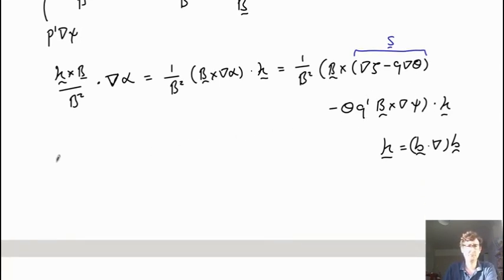And to write this more formally, we can write kappa as these 2 terms. So we have kappa psi, which is the normal component, essentially across the magnetic field, plus the binormal or geodesic curvature part.